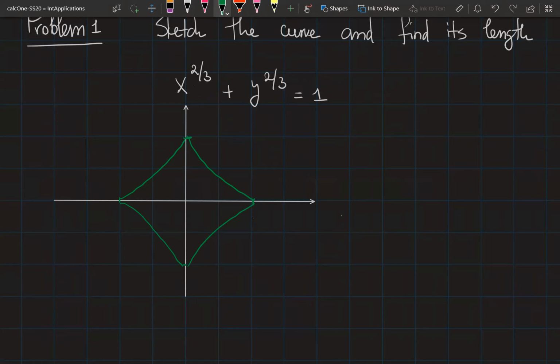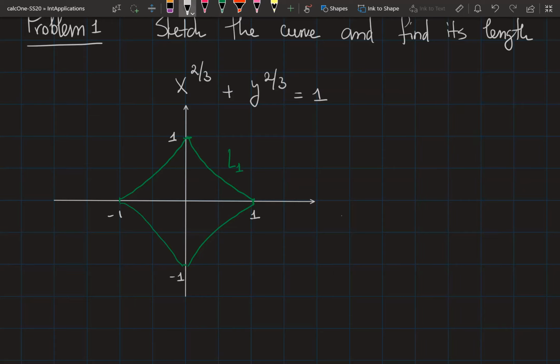So in all the 4 sides, its length is equal, right? It means that we can just find the length of one piece here, for example. Let's denote this as L1. And the total length of the curve is going to be just 4 times L1, right?